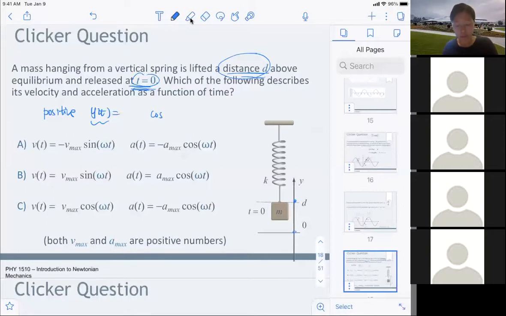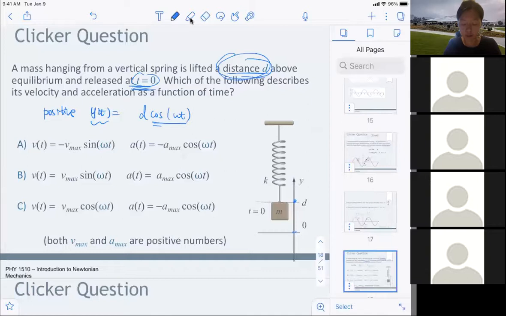Knowing that you can always have a choice between sine and cosine, because the only difference between cosine and sine is a phase difference of pi over 2. Either way works, but the most simple one here would be cosine, because at t equals 0, cosine 0 gives us 1. So that's a maximum value. That's what we want. And it's at distance d, so I multiply by d. That is my position function.